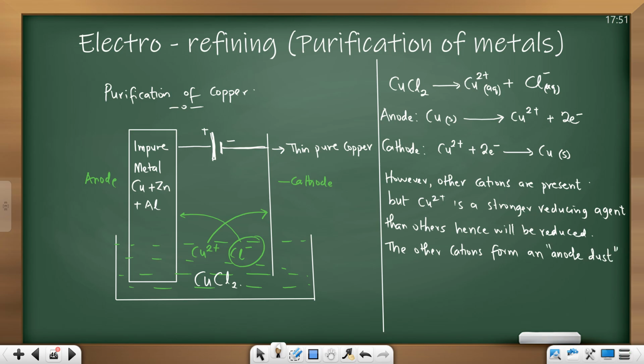We call it an anode dust, which, when solidified, is called an alloy. And an alloy is a mixture of metals, and that is very expensive.